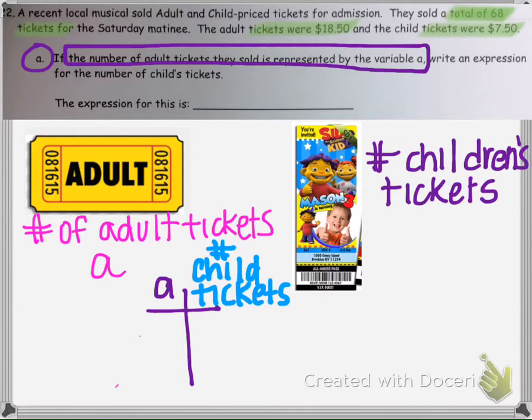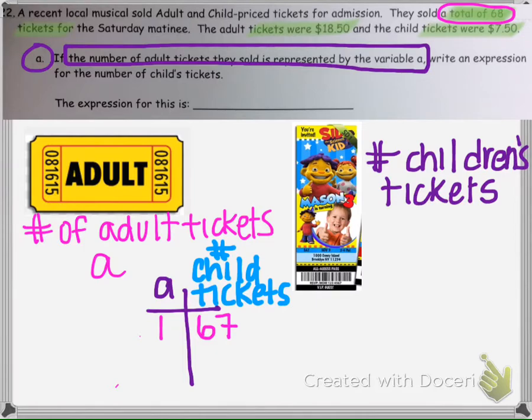So let's think about this a little bit. If there are a total of 68 tickets sold, let's just say one adult ticket is sold. That means the rest of them are children's tickets, so that would make 67 children's tickets if there's one adult.